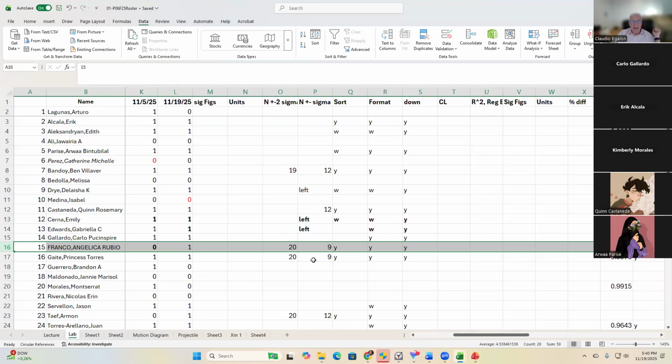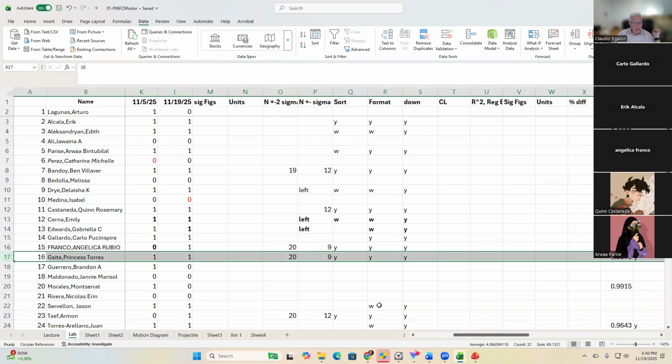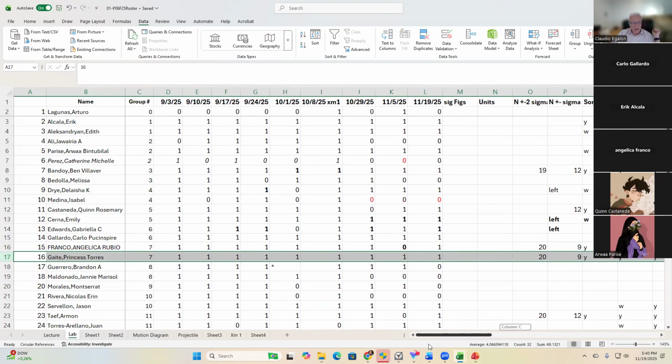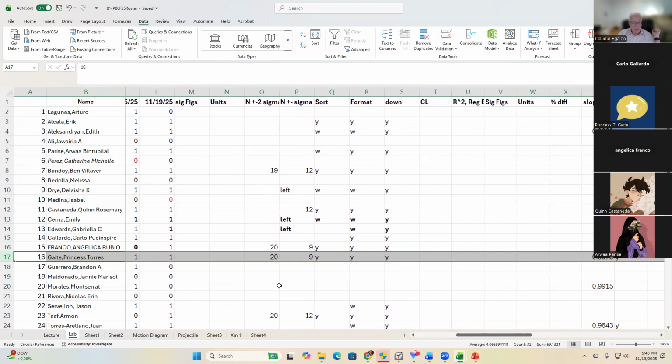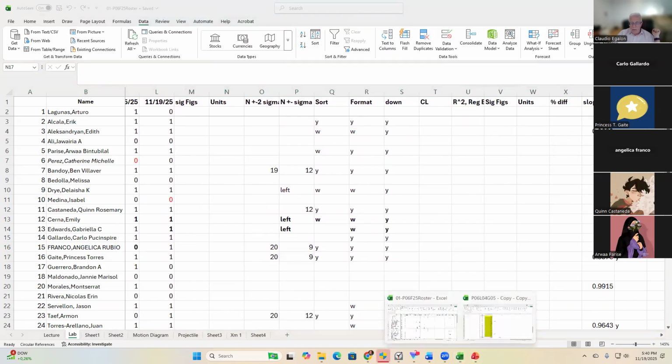Let's see, Angelica. So are you working on the units, Angelica? Yeah, I'm still working on it. Okay, good. Units and sig figs, right? Princess, are you working on the units? I am working on the units, but how do you know exactly the units for the table? Okay, so let's see here.